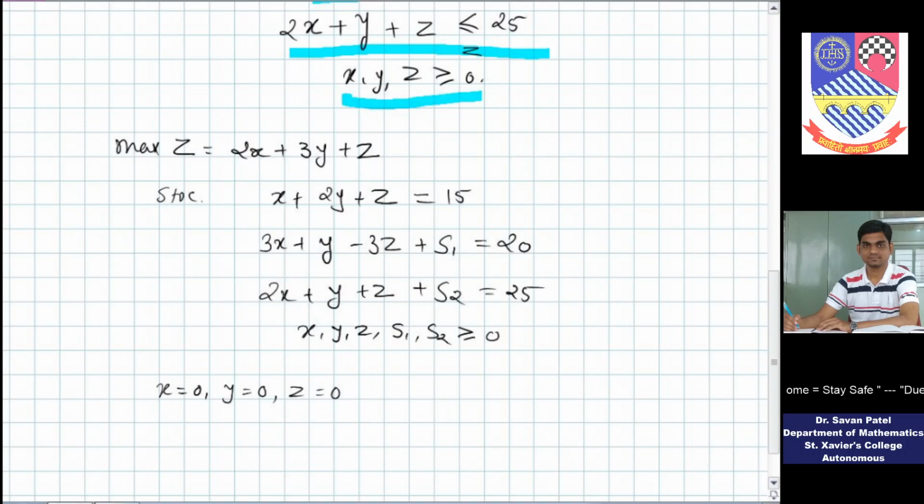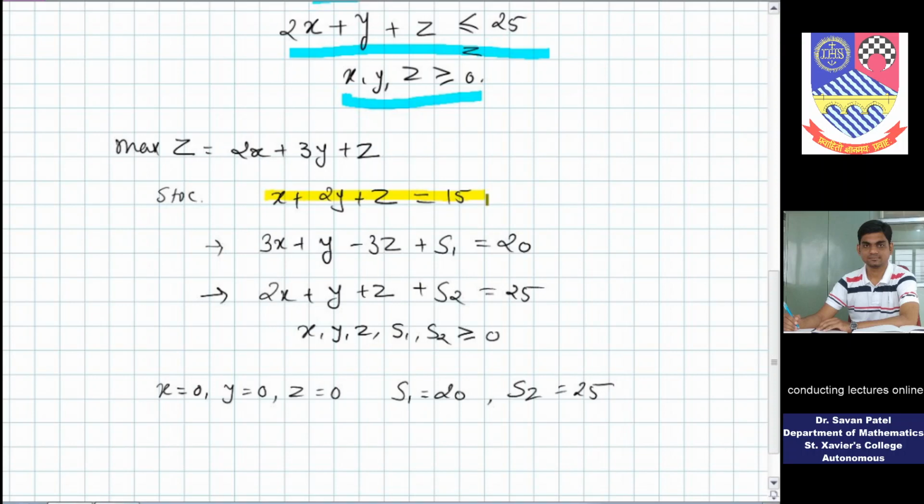From the second constraint we will get s2 is equal to 25. But if we put x, y, z 0, then the first constraint is not satisfied. See, x plus 2y plus z all are 0, so 0 is equal to 15, so it is not satisfied.